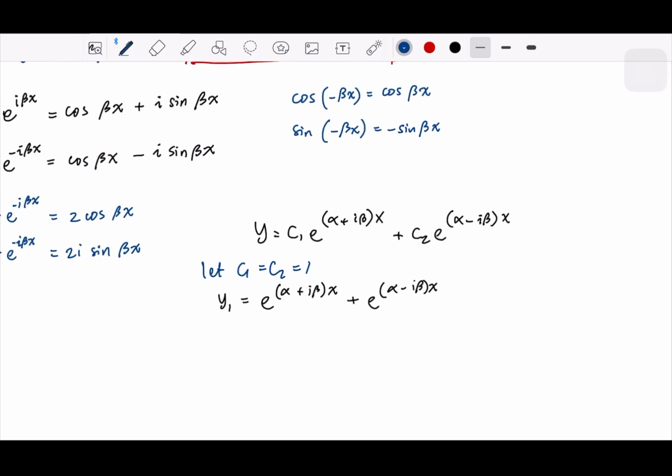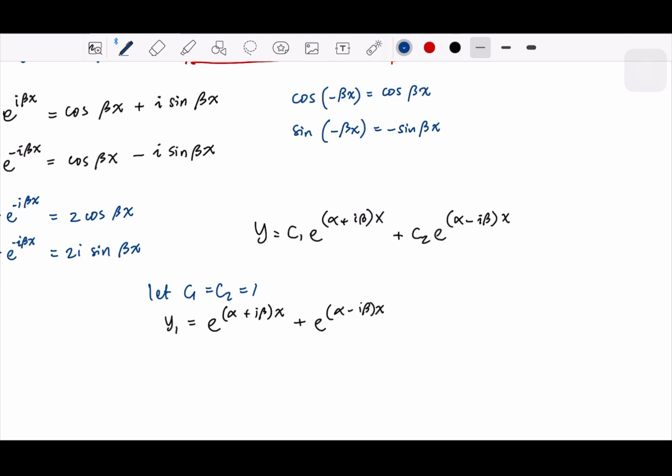Let C1 equal 1, C2 equal negative 1. So we have y2 is e to the alpha plus i beta x, minus e to the alpha minus i beta x. Now we have these two proposed solutions for y1 and y2.